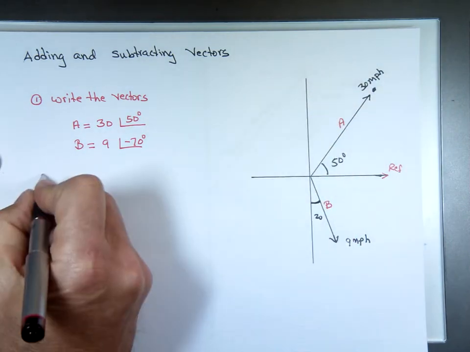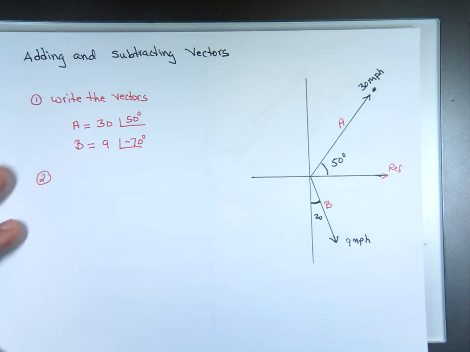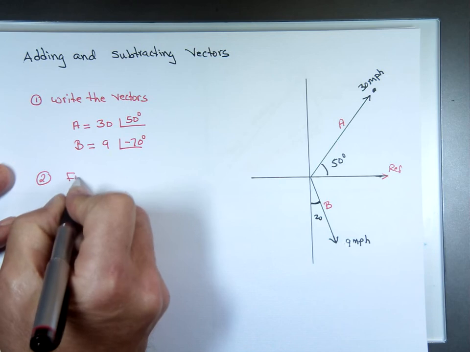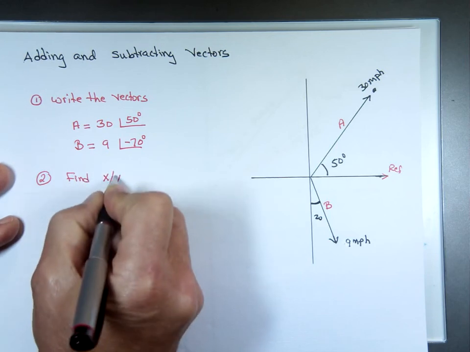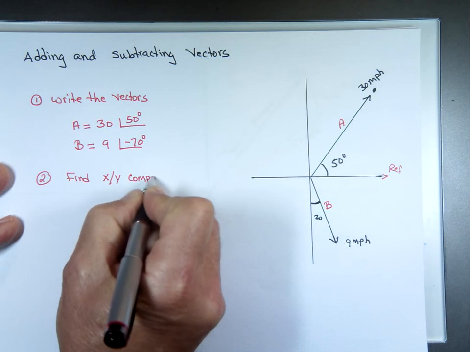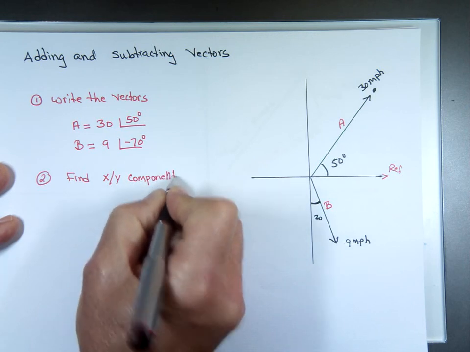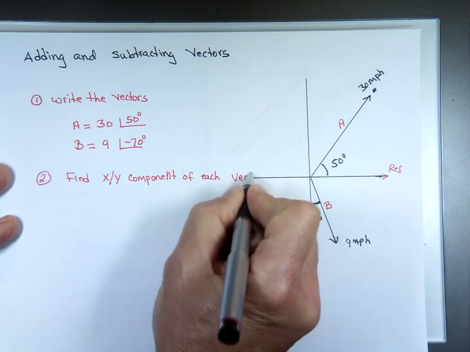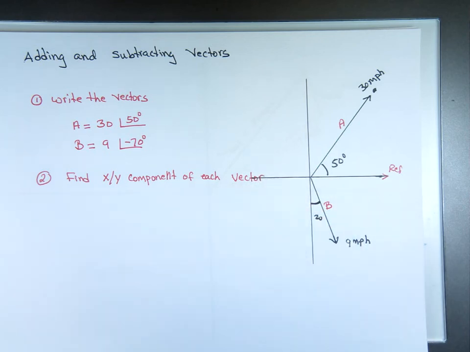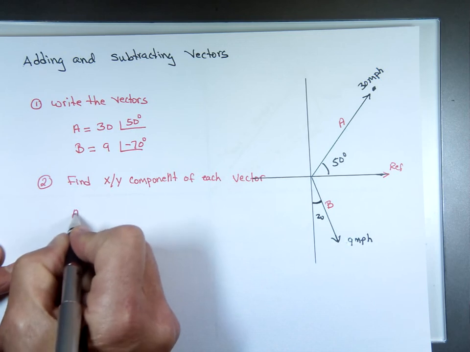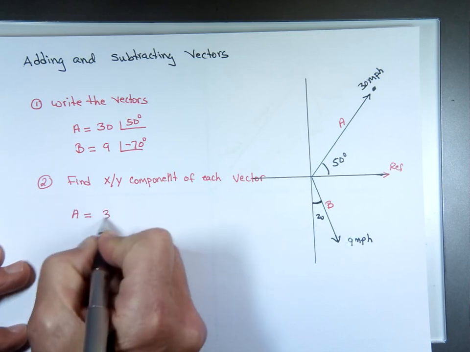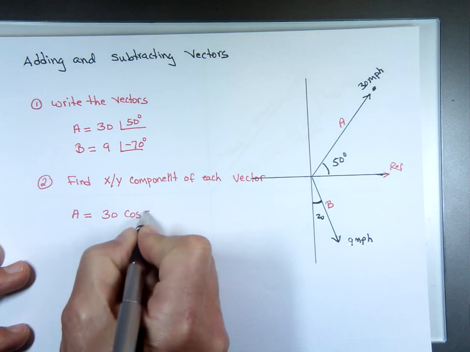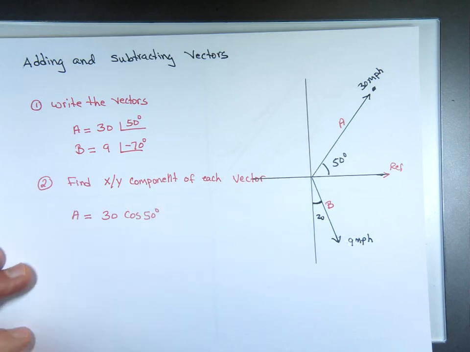Step number 2. You need to find the x and y component of each vector. That's what I need to find. The x and y component for each vector. So vector A will have an x component of what? 30 cosine of 50. That's in the x direction.